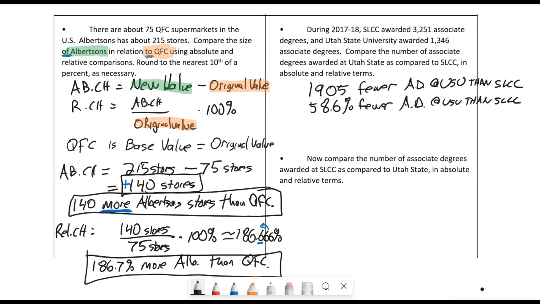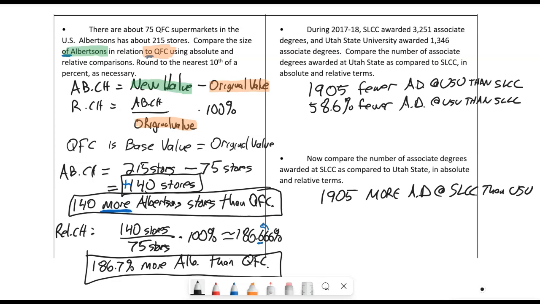And for the bottom one, all they've done is switch the comparison. So this is Utah State compared to SLCC, and this is SLCC compared to Utah State. So the first part, 1,905 more associate's degrees at SLCC than USU.